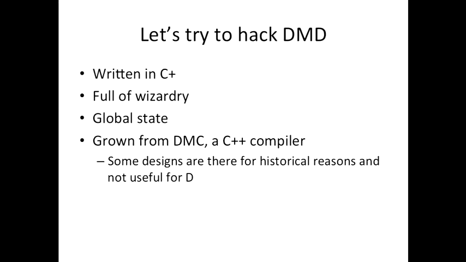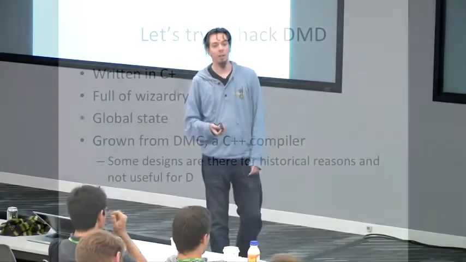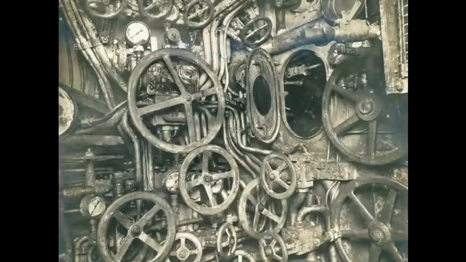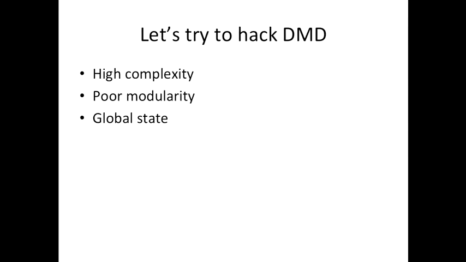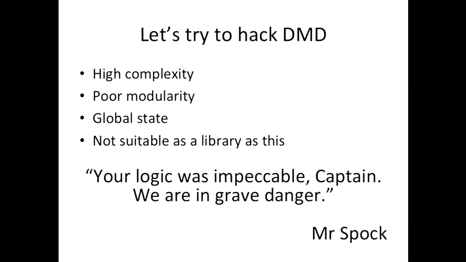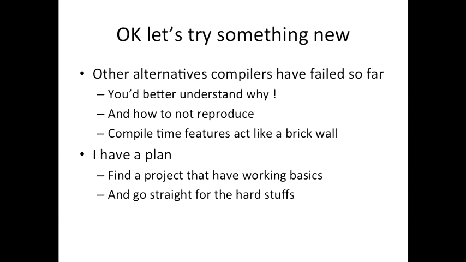There is also plenty of weird stuff that comes from the fact that it evolved from a C++ compiler, and some designs you wouldn't do that way, or at least I wouldn't, if I were starting to write a D compiler directly. So that is pretty much DMD. Not suitable as a library. Let's try something new.